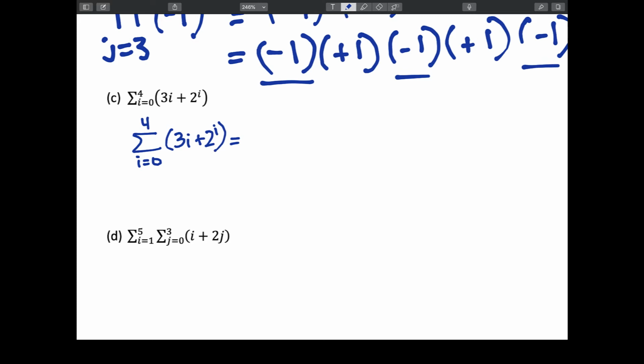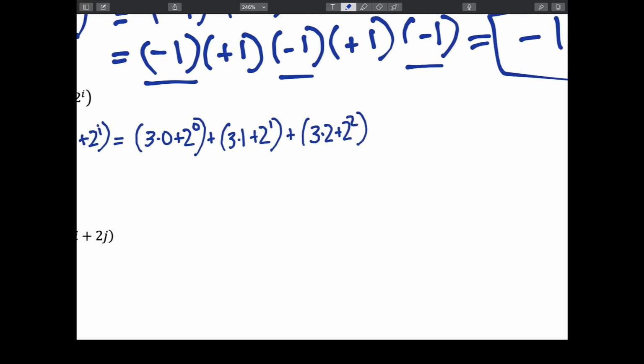And that means we're going to add up 3 times 0 plus 2 to the 0, plus 3 times 1 plus 2 to the first power, plus 3 times 2 plus 2 squared, plus 3 times 3 plus 2 cubed, plus 3 times 4 plus 2 to the 4th.